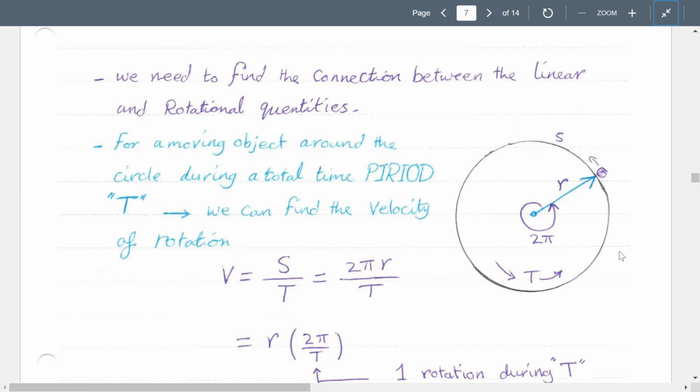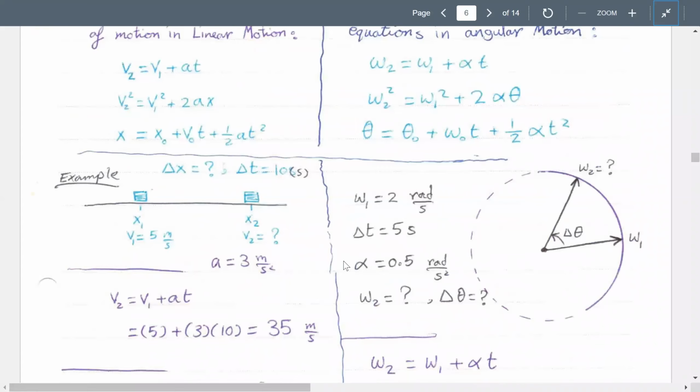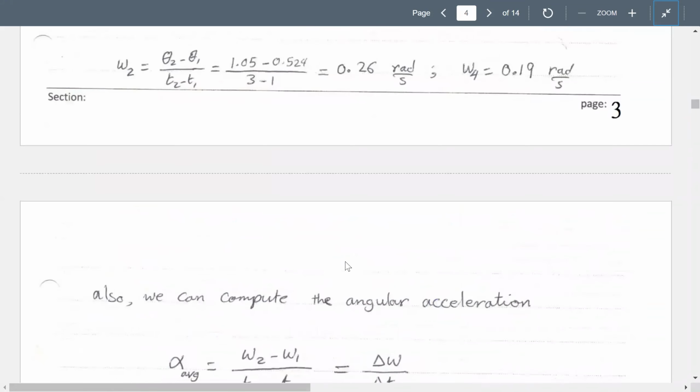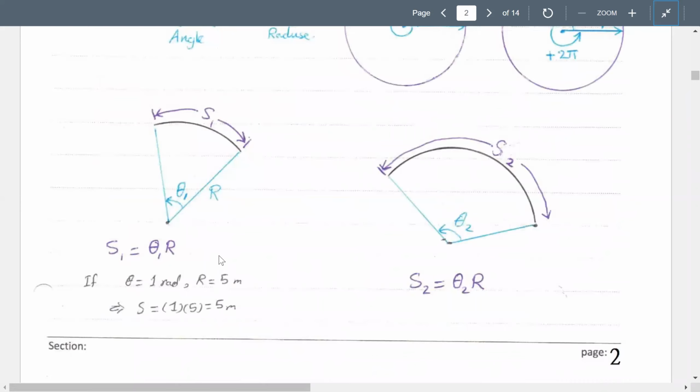This length has a relation with the angle. The total circumference for the circle is equal to 2 pi r, and it has a relation with the total angle. But if we have just a section, like the part S here, this part S has a relation with its angle.